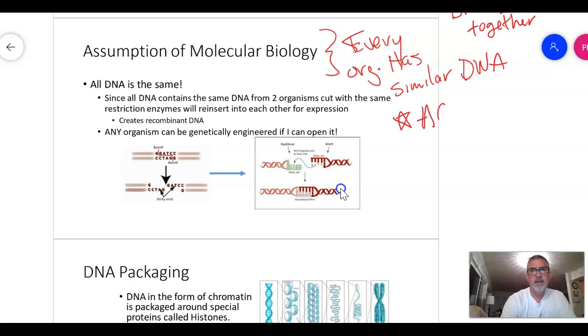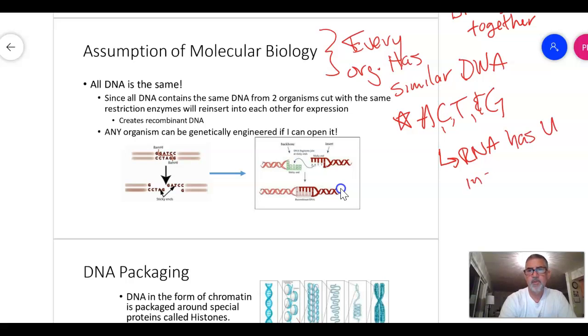We all have A, C, T, and G, right? So we all have that, right? RNA has U instead of T, right? So all organisms, whether you're a bacteria or you're a human, we all have the same bases.